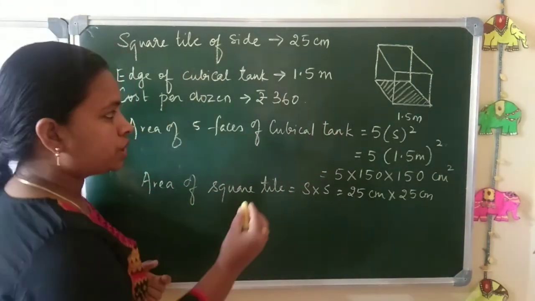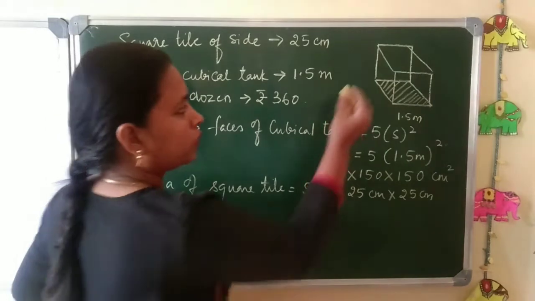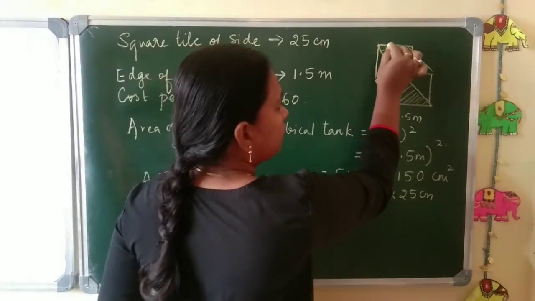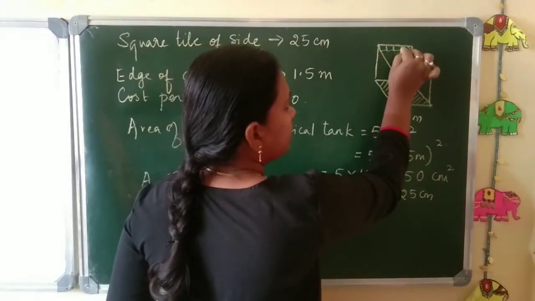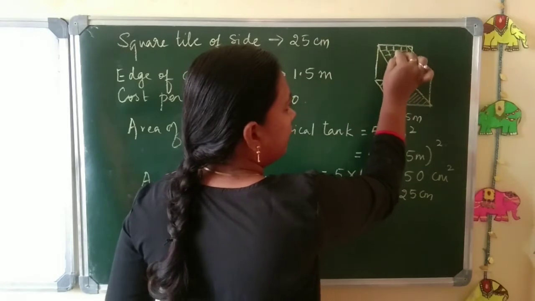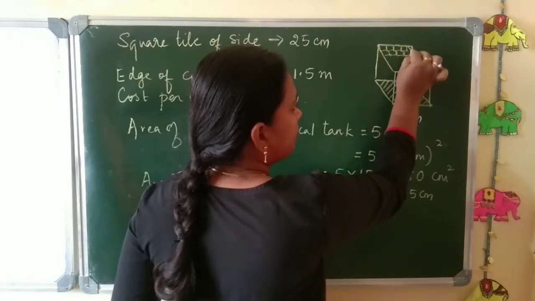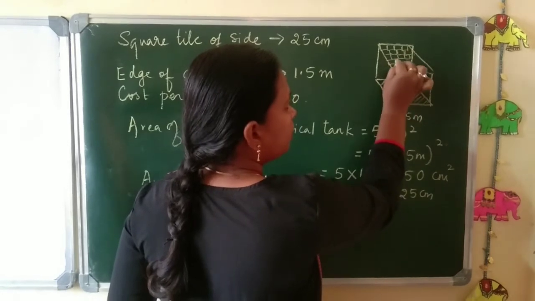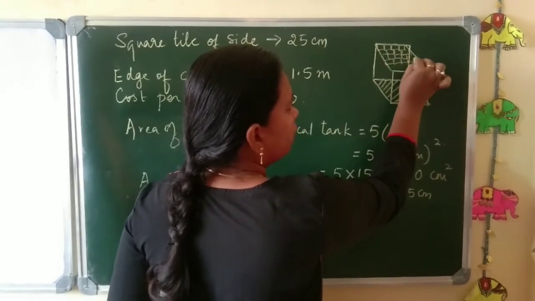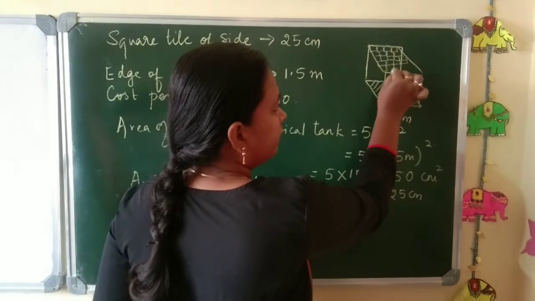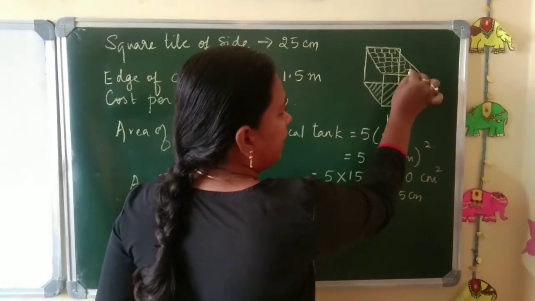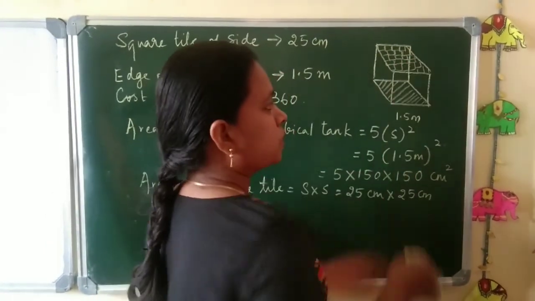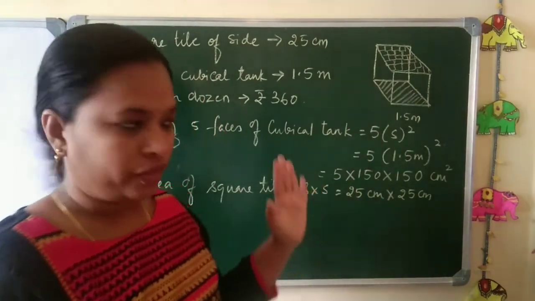Now you need to find how many tiles are required. Just imagine the tank is going to be covered with square tiles like this. These are the square tiles by which the tank will be covered. This is just an assumption I am showing you so that you will understand it better. Like this it's going to be covered with square tiles on all the 5 faces.